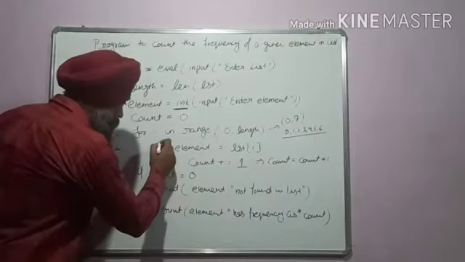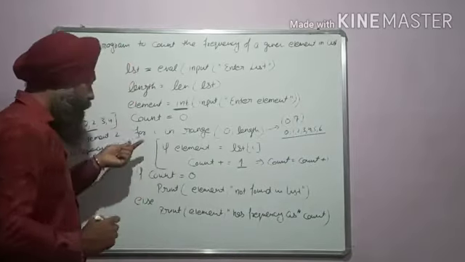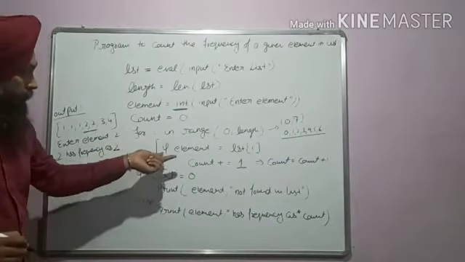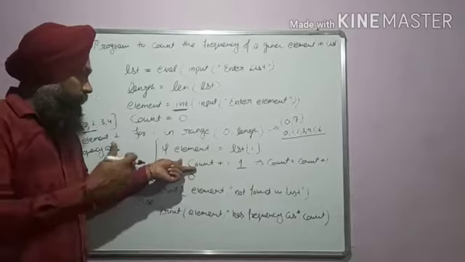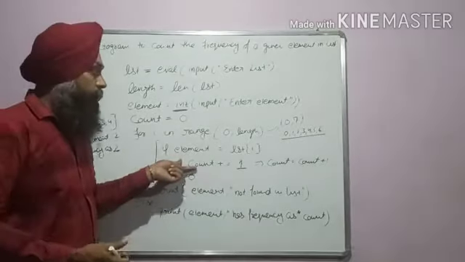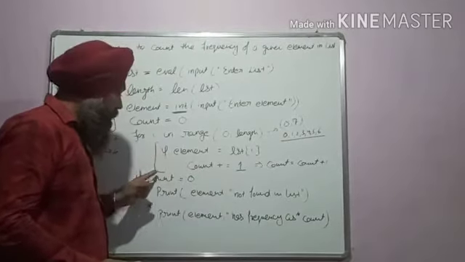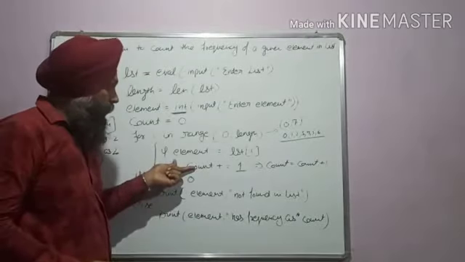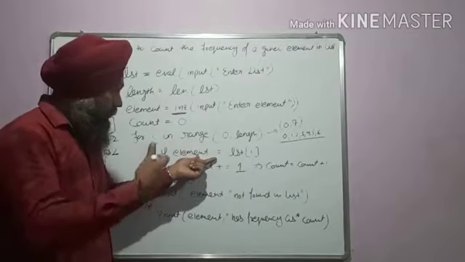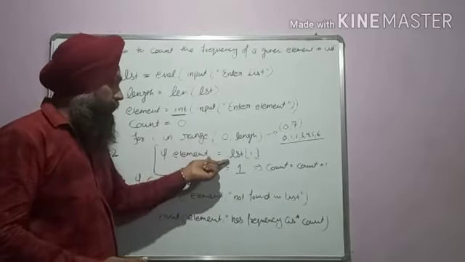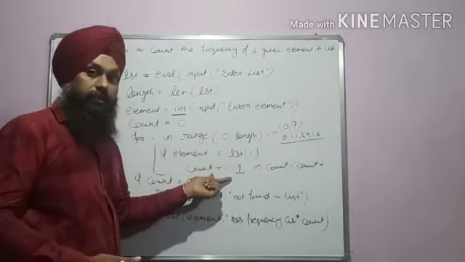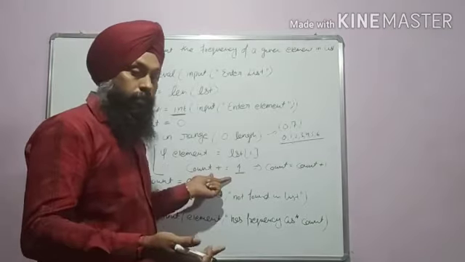And these two statements belong to this for loop. It means these two statements will execute again and again up to 7 times, and in every loop, if we find the element in the list, it will increase the value of the count by 1.